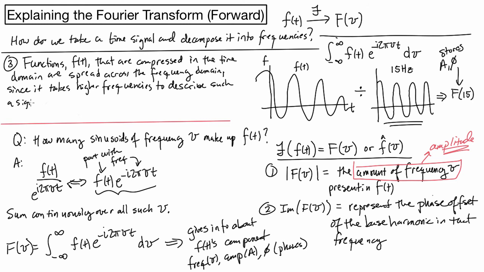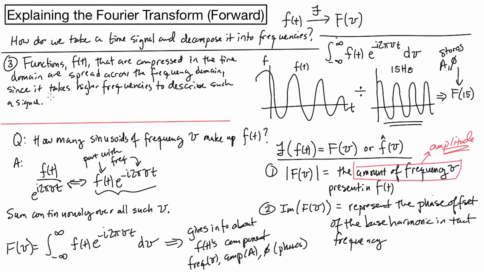Now the reverse of this is true as well. If the original signal is very spread out, then the resulting frequency domain is going to be very tightly packed because it will only need those waves with very low frequencies to describe it. So they're sort of inversely related in terms of spread of the functions that are involved.